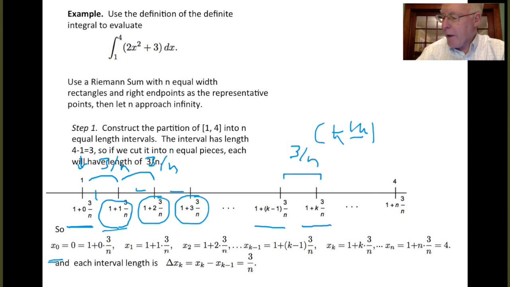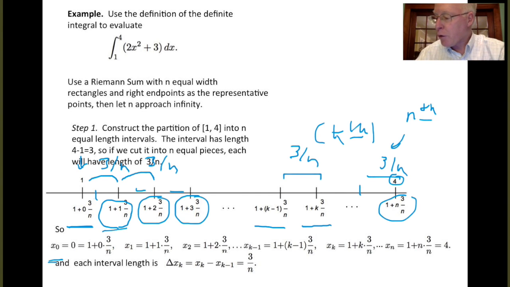Finally, if I'm making n intervals, the last one down here also has length 3 over n, and its right endpoint is going to be 1 plus n times 3 over n. So this is for the nth or the last interval. And of course, 1 plus n times 3 over n is equal to 4, and that's good because we should be at the point 4 by the time we get to the end of that subdivision.